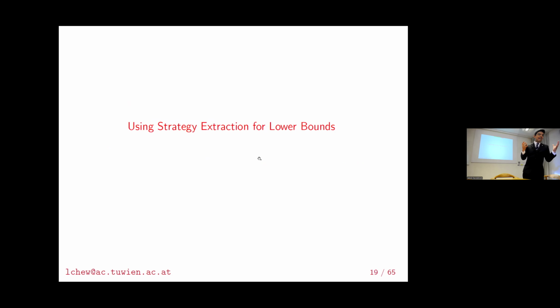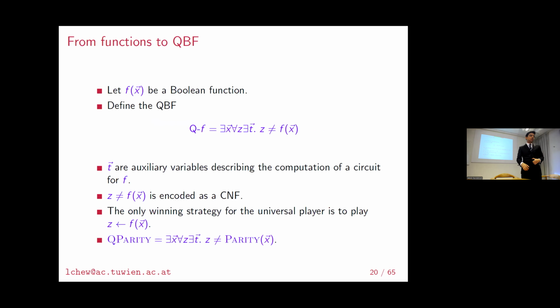Okay, so that allows me to move on to using this idea for lower bounds. Now we're going to connect circuit complexity for bounded depth circuits to lower bounds for QBF proof systems. First, we're going to come up with a family of QBFs that are going to have some strategy that is going to be hard for bounded depth circuits. The way that we do this is we have some Boolean function.